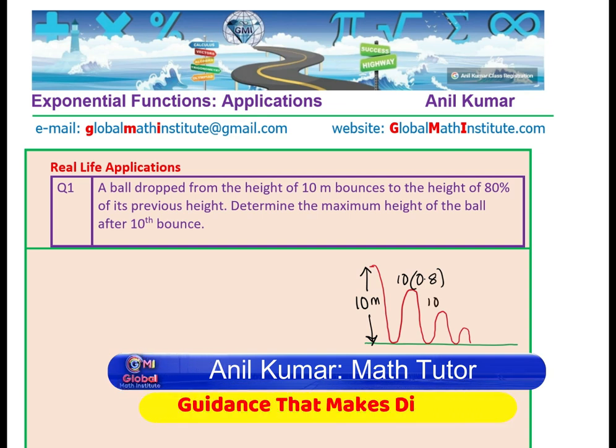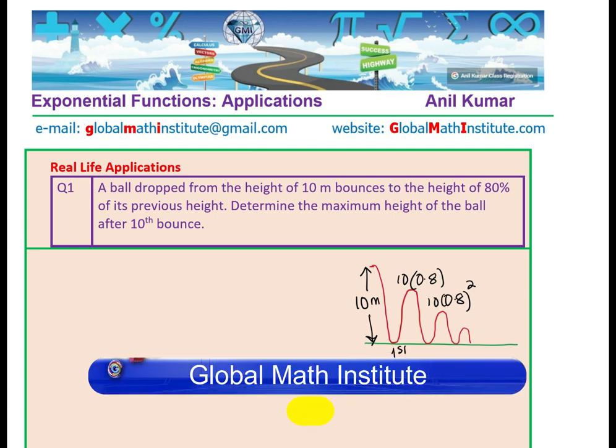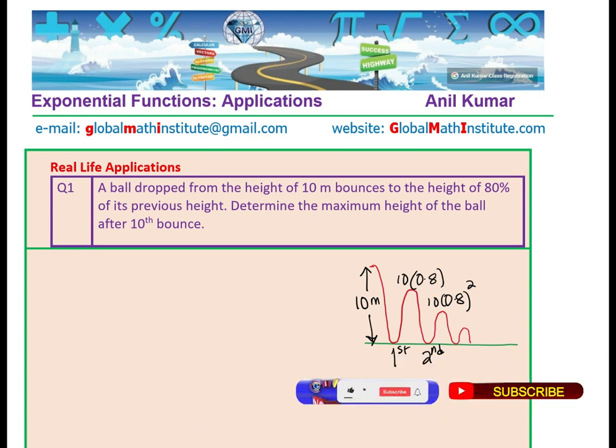That means 10 times 0.8 times 0.8, and so we can write square here. So this is after the first bounce, and that is after the second bounce. As you can clearly see, after the second bounce, the exponent is 2, right? Sometimes you need to check this many times. Students might make this mistake.